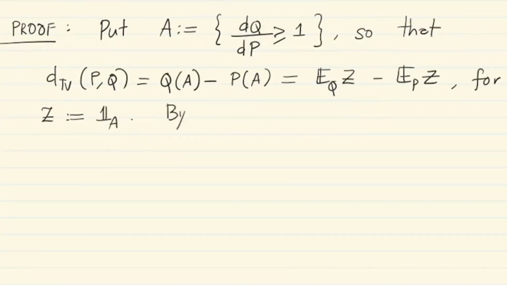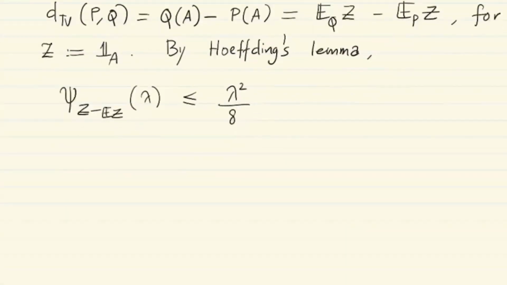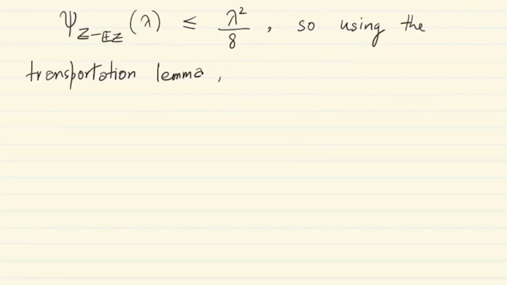Now, by Hoeffding's lemma, for the bounded random variable Z, which takes values only between 0 and 1, we have that the log moment generating function of Z, if we center it, is sub-Gaussian. Lambda squared over 8 is a bound for it, and so using the transportation lemma, you can convert this into a bound on E_Q[Z] minus E_P[Z].